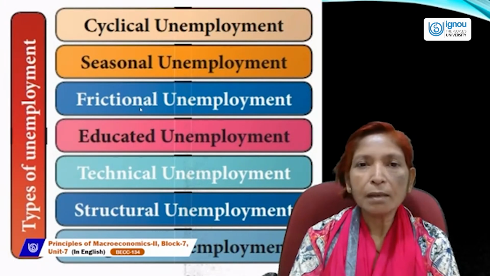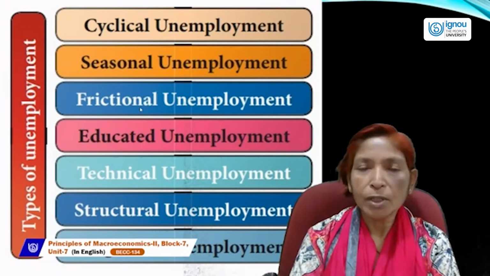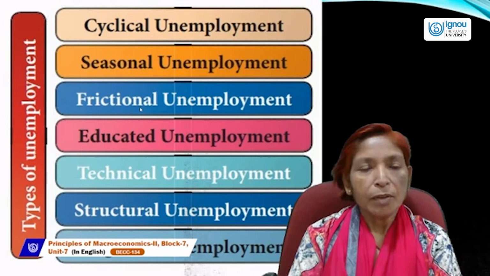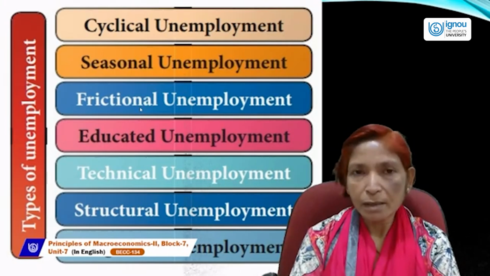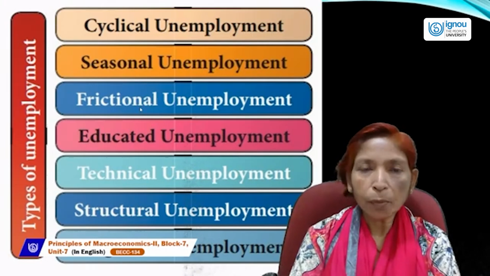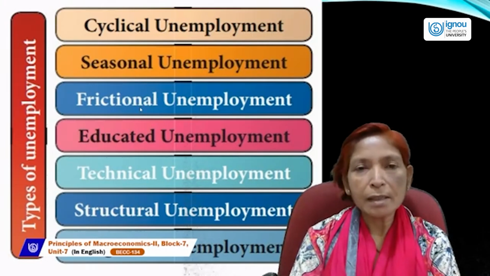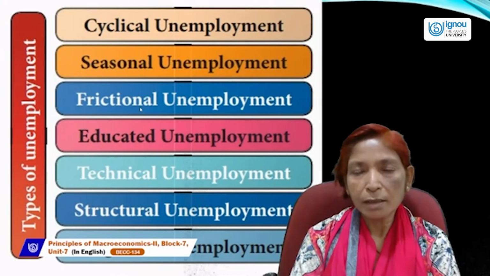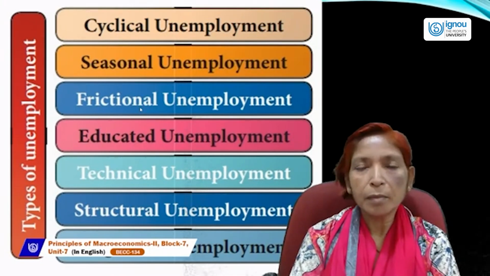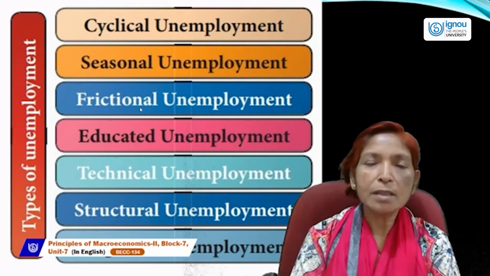Business cycles are wave-like fluctuations. According to Schumpeter, business cycles have four stages: one is boom, another is recession, third is depression, and fourth is recovery.